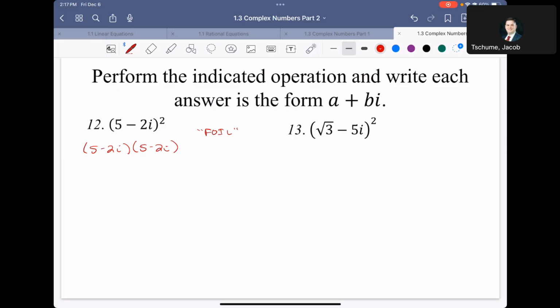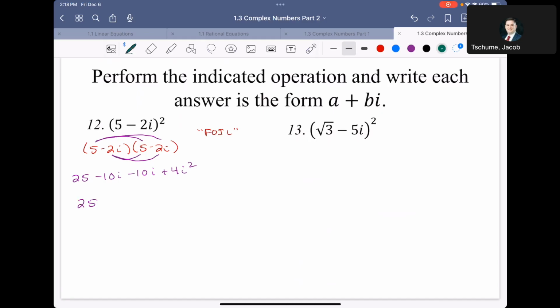So if I were to FOIL this, first terms, 5 times 5 is 25. Outer, 5 times -2i is -10i. Your inner is -2i times 5, which is also -10i. And then your last, -2i times -2i would be +4i squared. Well, on this one, if I go from left to right, I'll bring down the 25.